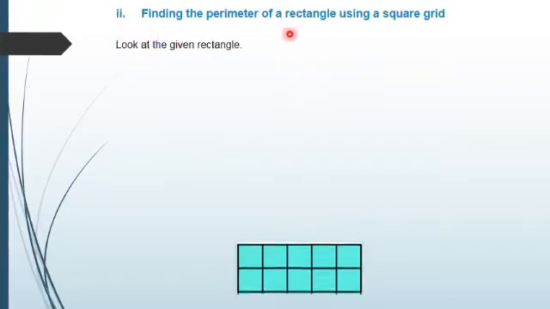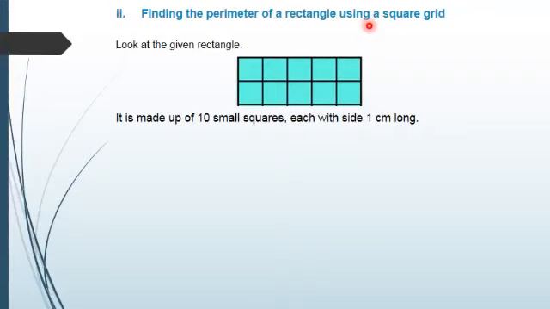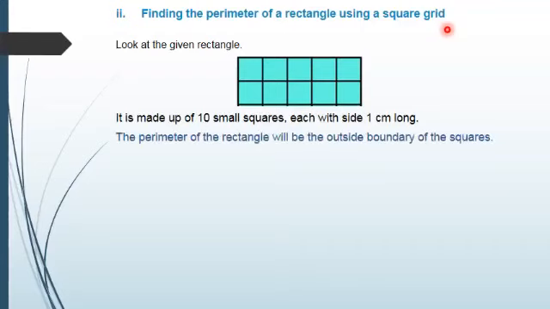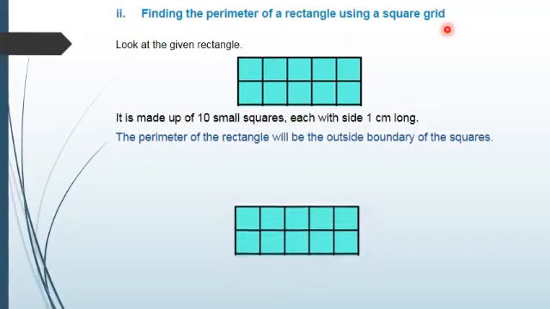Now, finding the perimeter of a rectangle using a square grid. Look at the given rectangle. It is made up of 10 small squares, each with a side 1 centimeter long. So, the perimeter of this rectangle will be the outside boundary of the shape.